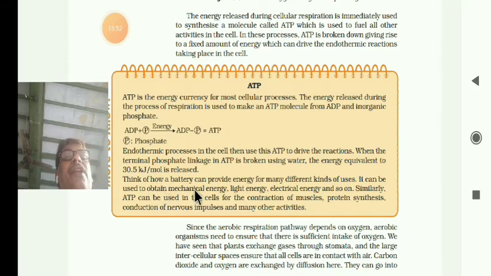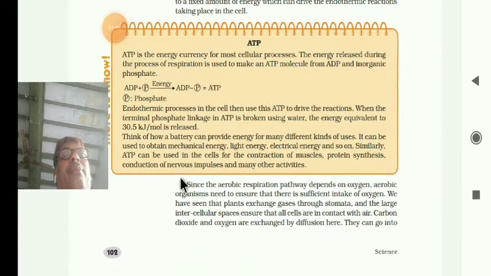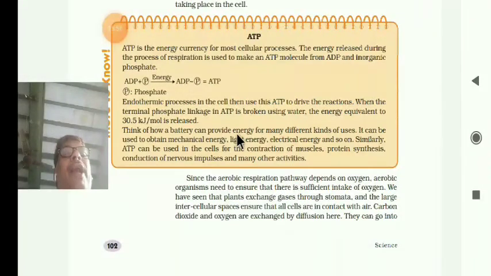Think about ATP now like a battery that can provide energy for many kinds of uses. A household battery can be used to obtain mechanical energy, light energy, electrical energy, and so on.